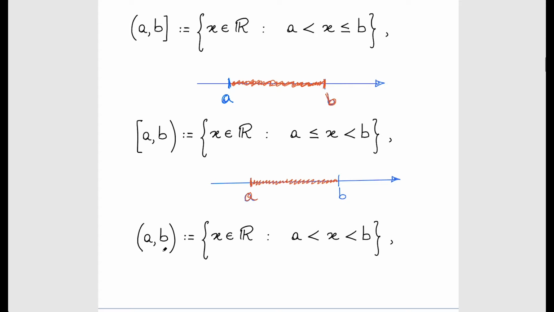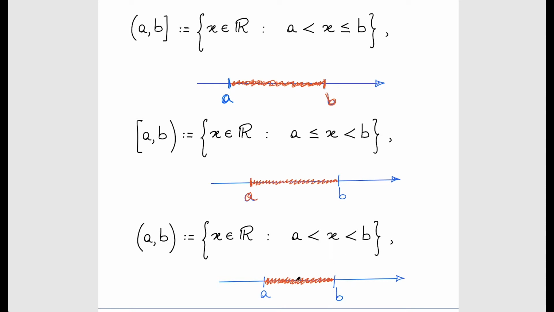Now you have parentheses on both ends, which means now you have open doors at both ends. So this means all numbers that are strictly between A and B. Again, if you want to use a picture, if this is A and this is B, what this set means is just a set consisting of objects that are only between A and B, excluding A, excluding B. You're not supposed to have an x that's equal to A, and you're not supposed to have an x that's equal to B. So just in between.